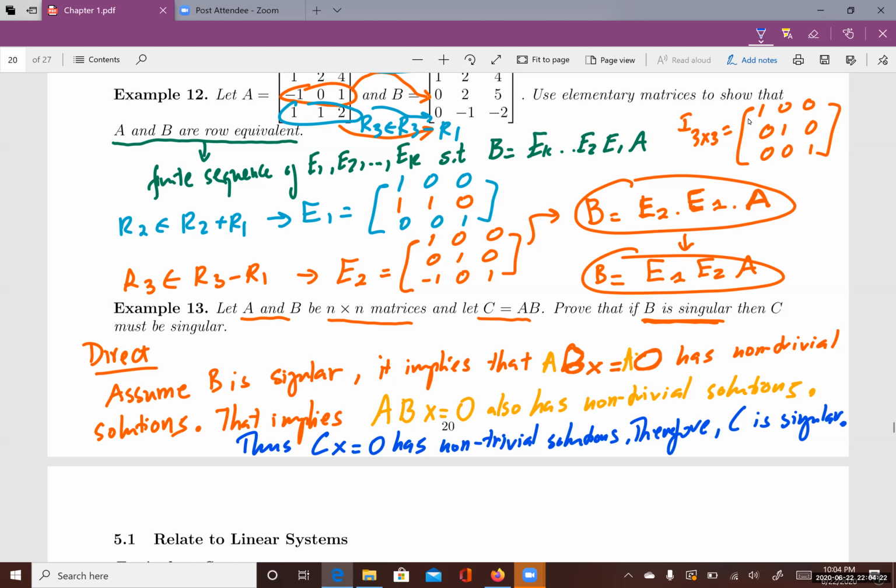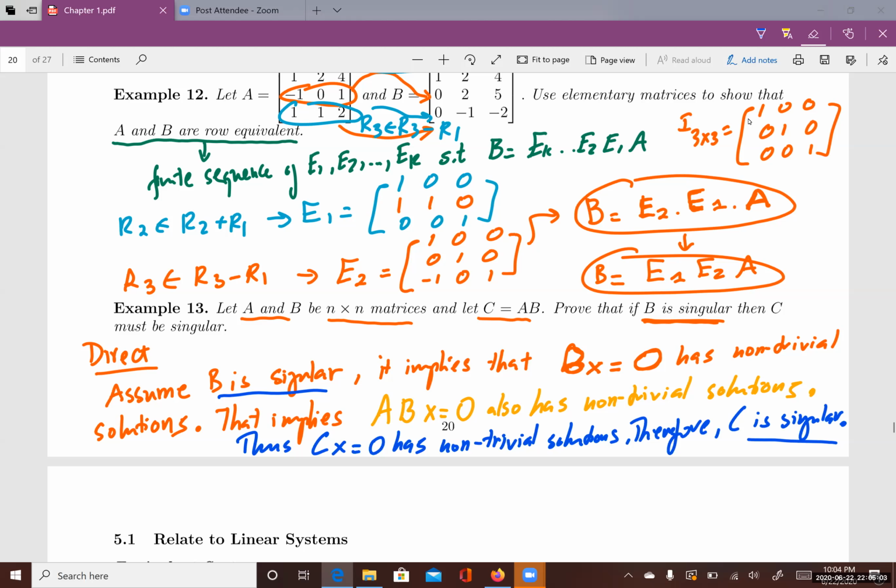Okay. So again, using direct proof means you assume that B is singular and then you try to show that C is also singular. Since B is singular, that means the inverse of B doesn't exist, right? That means the system Bx equals 0 by itself is already consistent because it's a homogeneous system. It always has a trivial solution, which is 0.